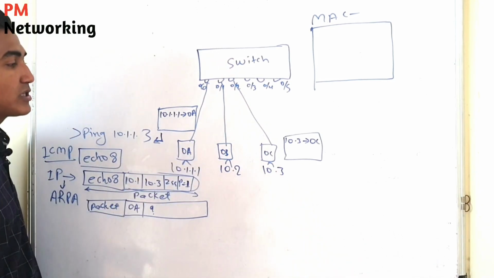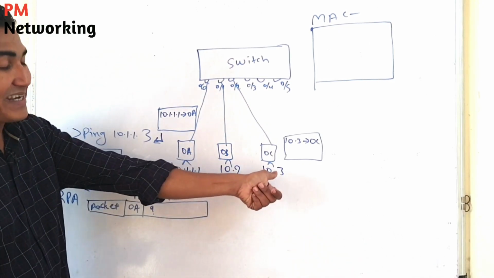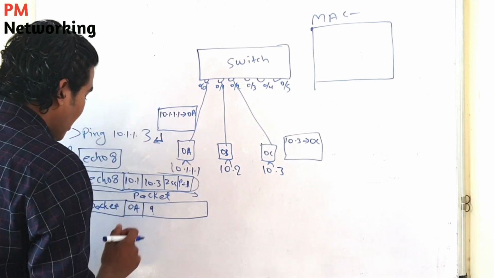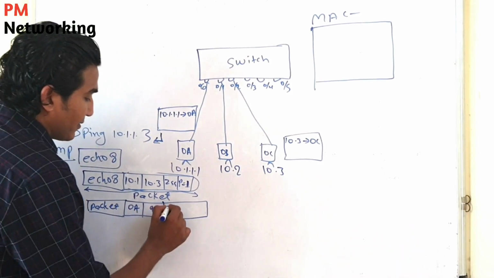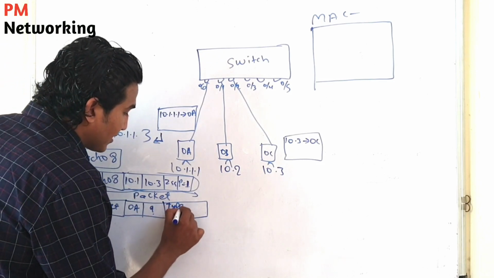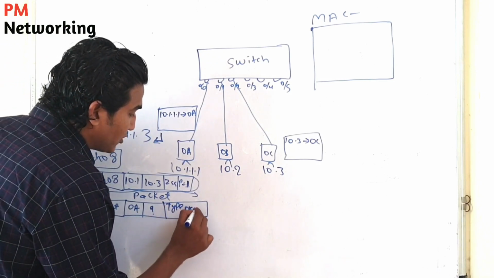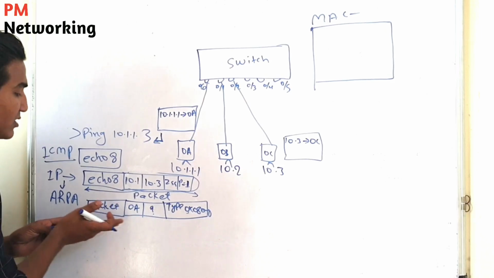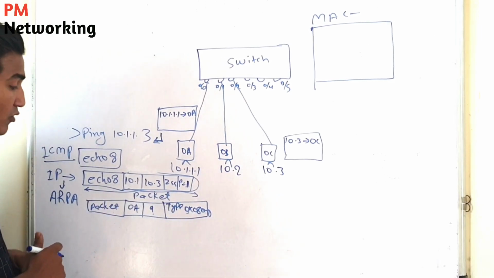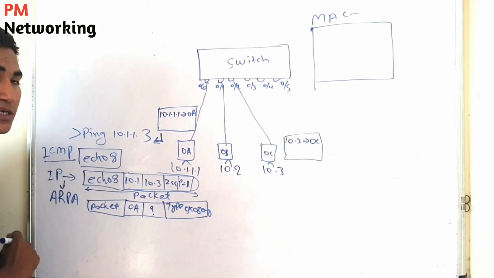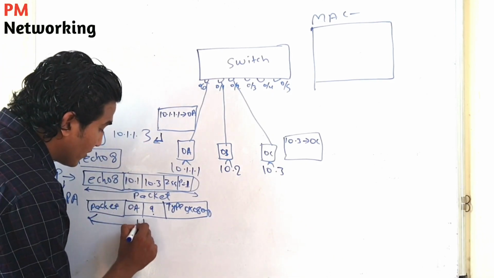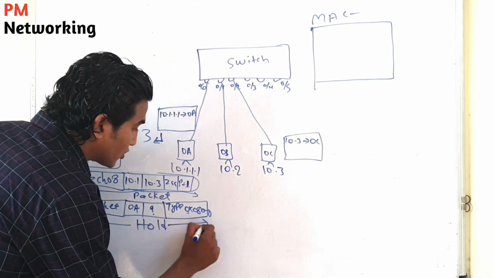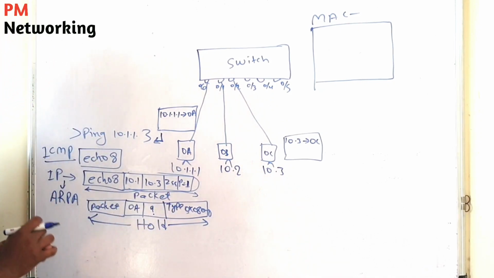This PC doesn't know the destination MAC of 10.1.1.3. The next information will be the type field, in which there will be 0x0800. But the frame is not encapsulated yet because one piece of information is missing, the destination MAC address. So the process goes on hold.